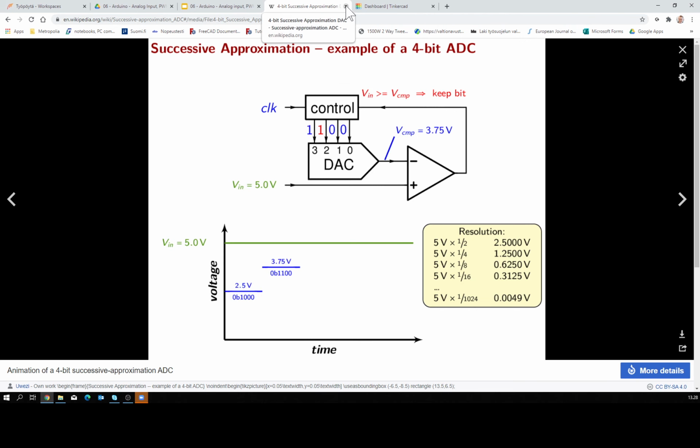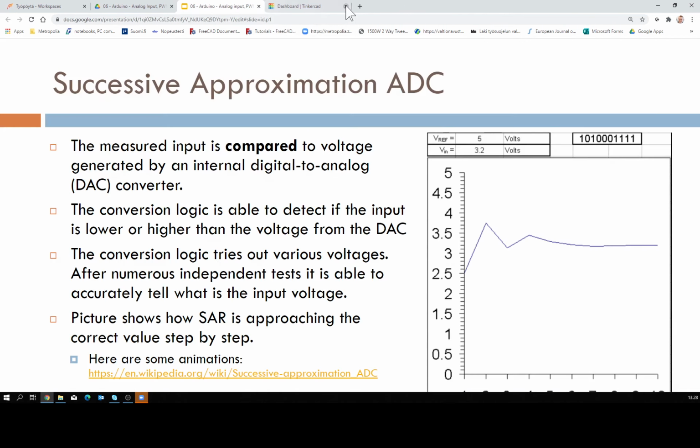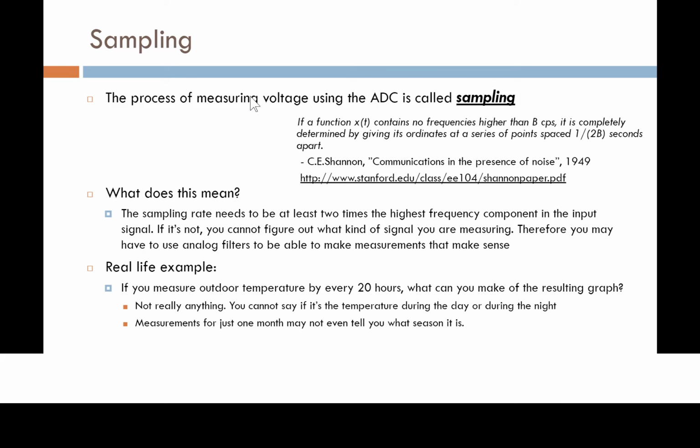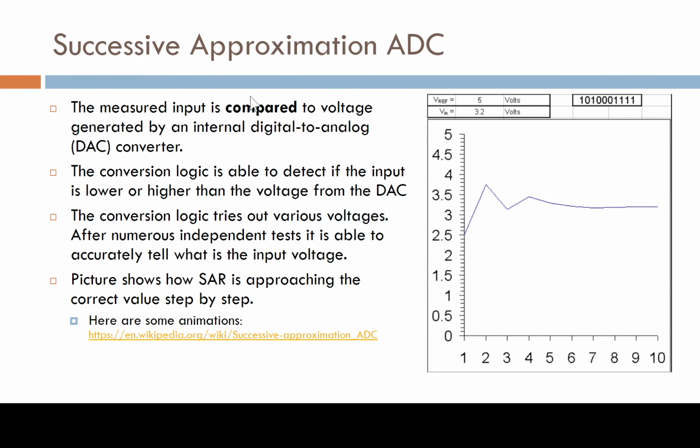And after n guesses, you are close enough to the real A to D conversion value. Good. That's actually a pretty good way of doing A to D conversion.